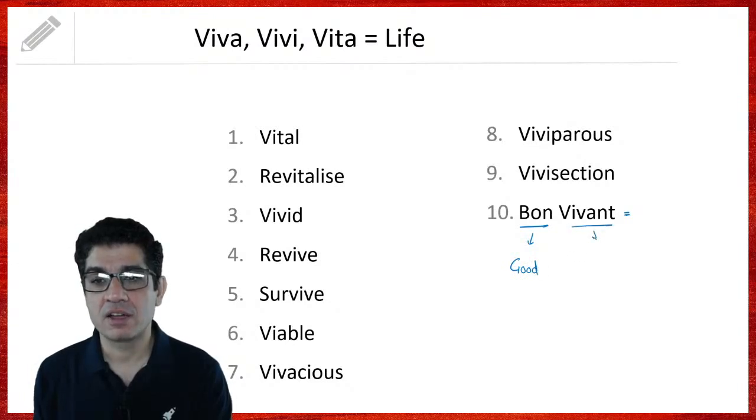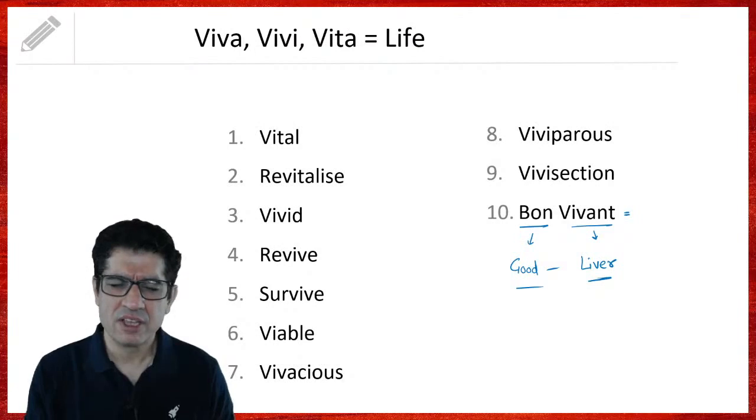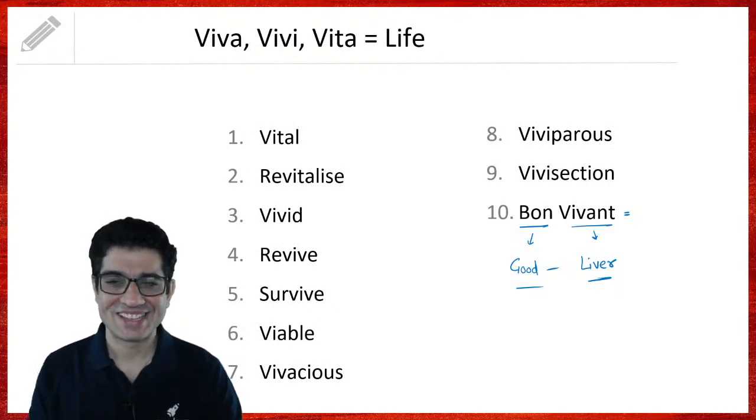And vivant is etymologically, थोड़ा जुगाड़ करें तो liver, a good liver, a person who lives a good life. So I hope that most of us are aspiring to be bon vivants.